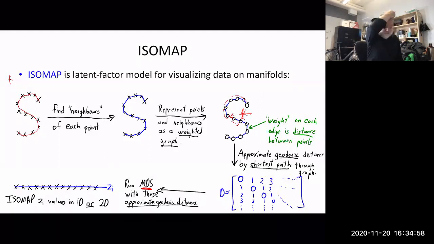In other words, if you construct your neighbor graph correctly, there is no possible way to go from this point to this point except going through the manifold, right?